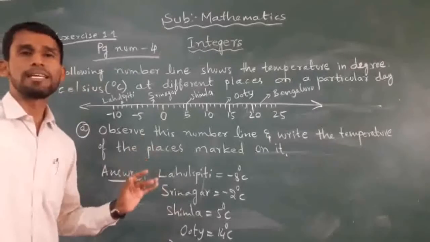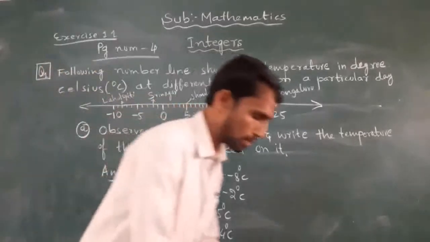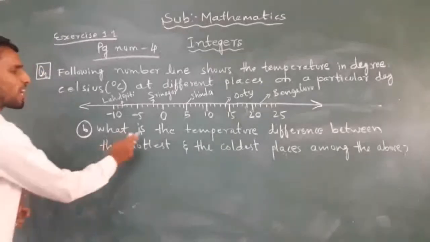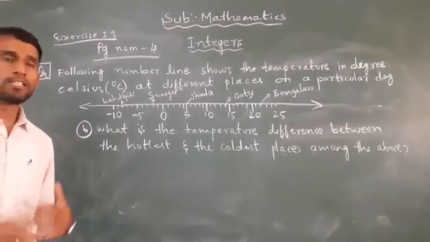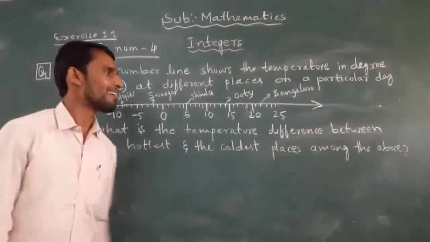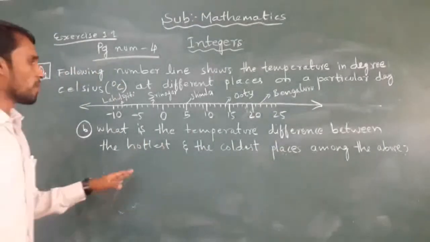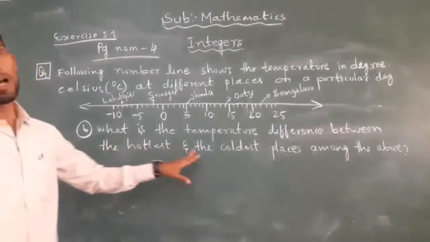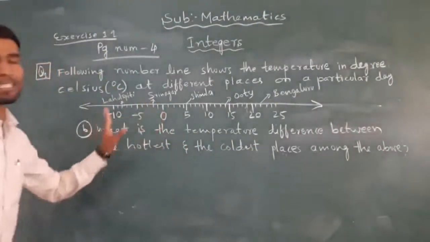Next I am taking the second part of the question. What is the temperature difference between the hottest and the coldest places among the above? See here, we have to see first which is the hottest and which is the coldest place in this number line.